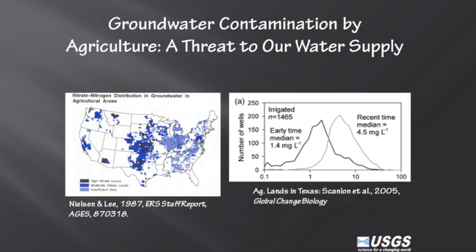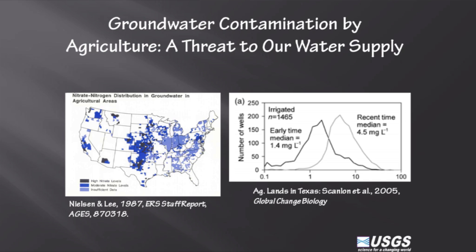And places like Kansas have seen nitrate levels at high concentrations throughout the entire state and extending down into portions of Texas. This is a study done back in the late 80s, and the distribution of nitrate pollution looks similar today, and those concentrations are increasing. The trends can be shown on the right plot, and this is work done by Scanlon and others where they looked at concentrations measured in nearly 1,500 wells in Texas.